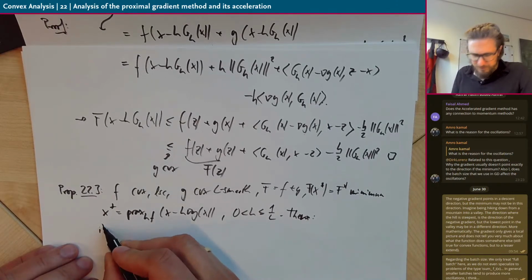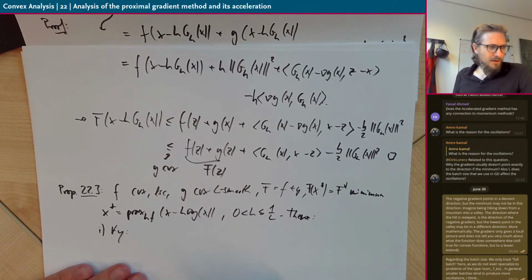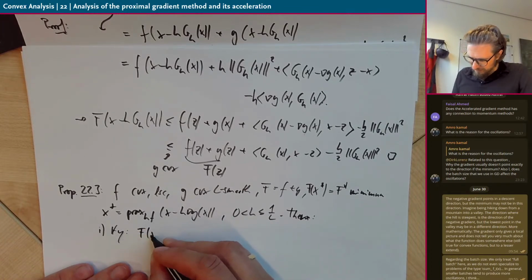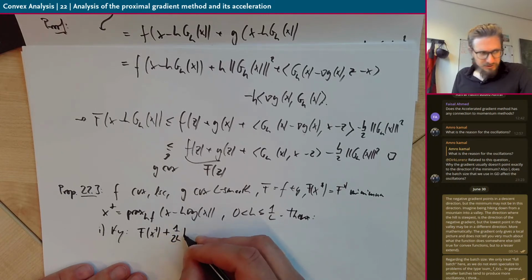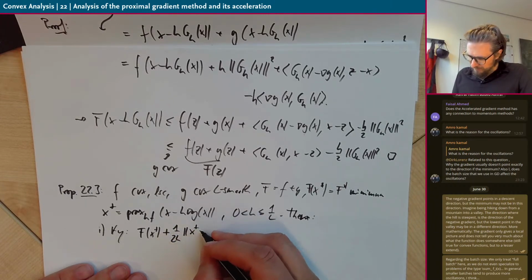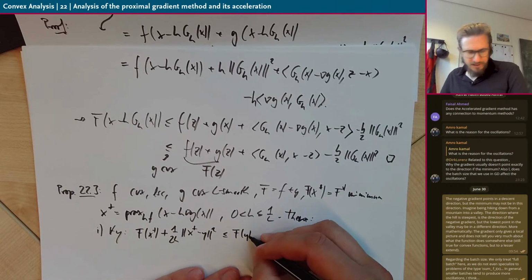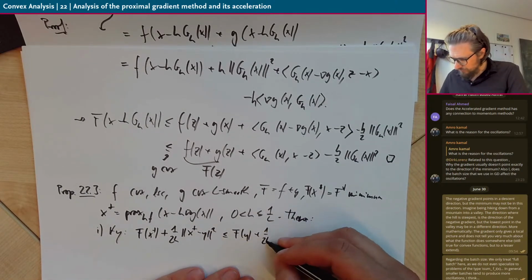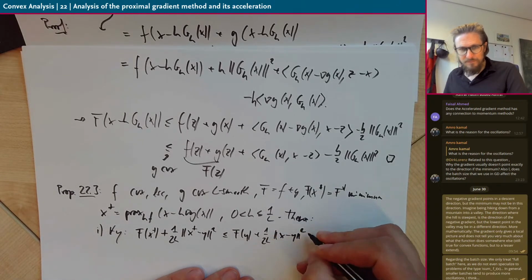The first thing which is true is for all y, we have that F of x plus plus 1 over 2h times the norm of x plus minus y squared is smaller equal F of y plus 1 over 2h times the norm of x minus y squared.